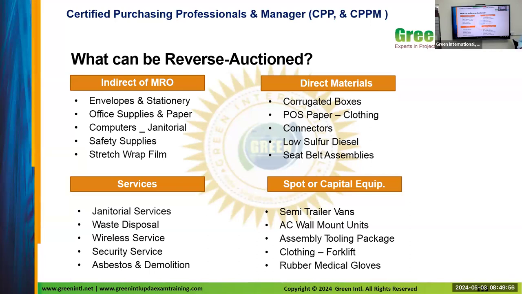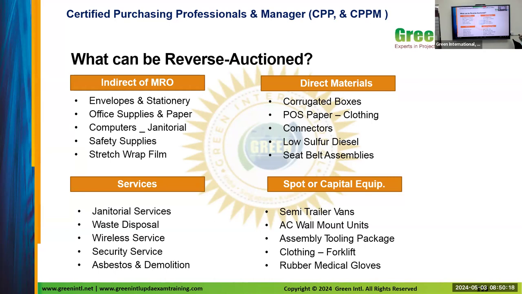Standard conditions and the scope of work can be mentioned, and whoever bids the lowest will get the contract for that service. Such services can be e-auctioned.